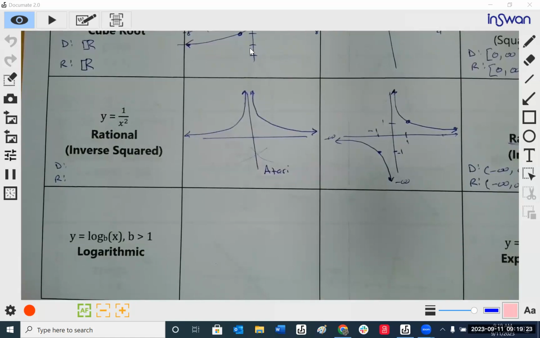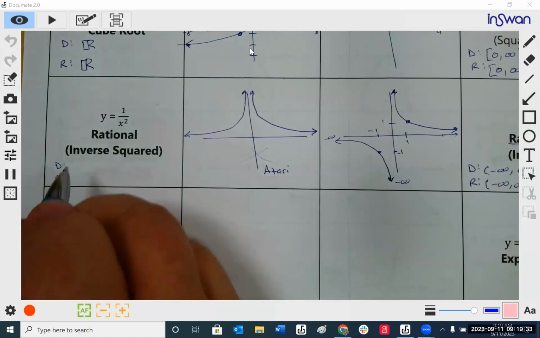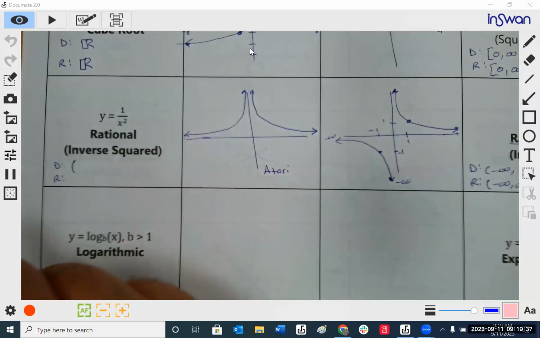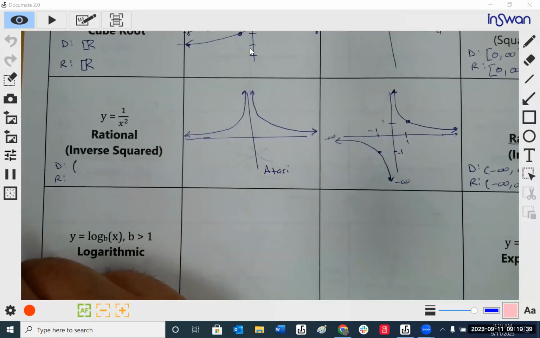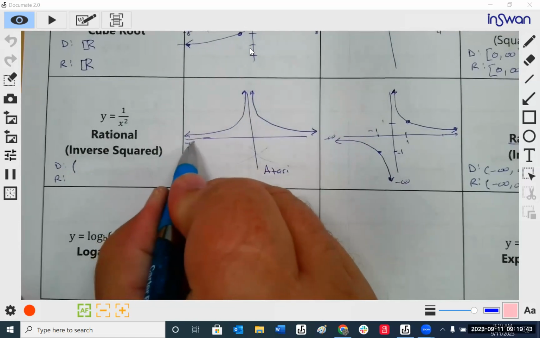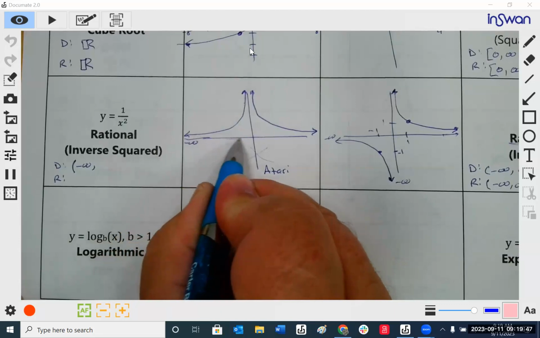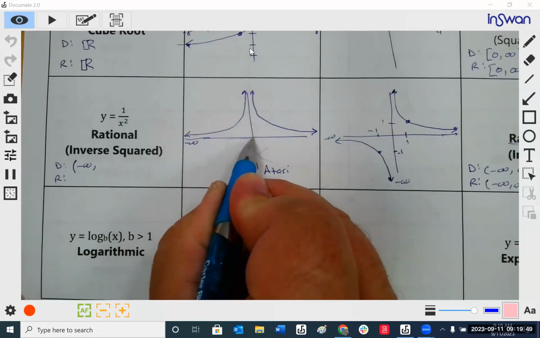So what's my domain? What's the smallest x can go? Negative infinity. So negative infinity all the way up to, can I use zero?